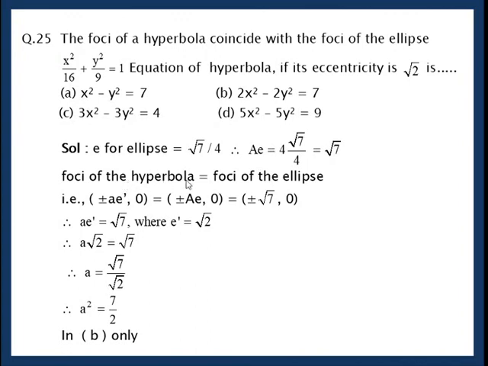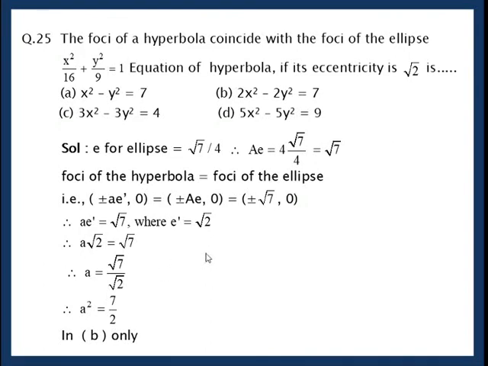Now foci of the hyperbola coincide with foci of the ellipse. So plus minus ae, 0, is nothing but plus minus root 7, 0. Now eccentricity of the hyperbola is given to be root 2. So that gives me a into root 2 equal to root 7. So a is root 7 by root 2.